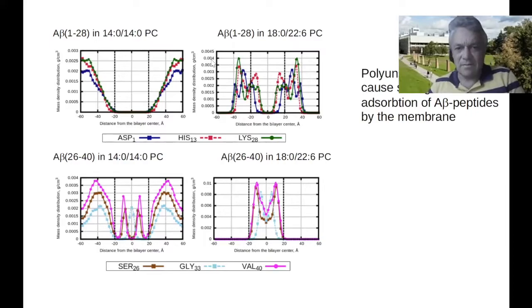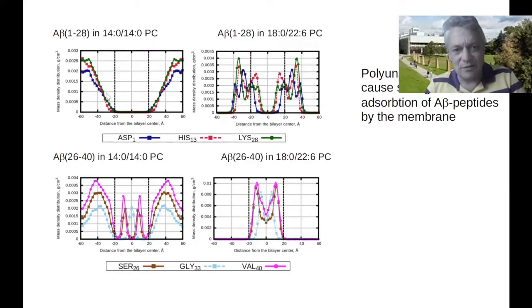So, some results. If we look at the first half of the amyloid beta peptides in saturated lipid, here is the distribution of several residues of these peptides taken on both ends and in the middle of the molecule. From 0 to minus plus 20, this refers to the membrane, so the membrane is located here.